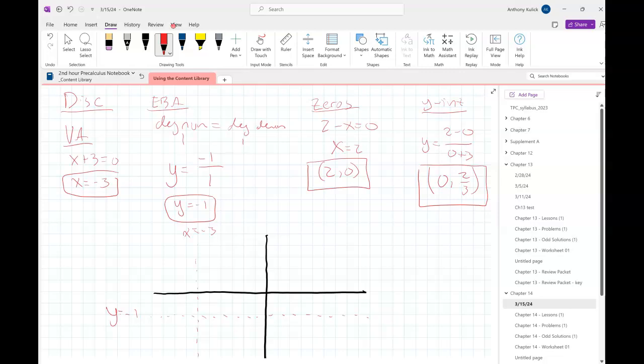Then we have a 0 at 2, 0, and then 0, 2/3. Oops, it should be like there. Well, I know that this piece has got to do that, right?